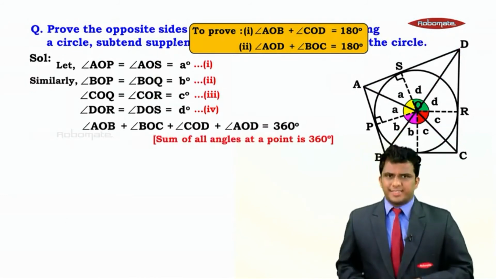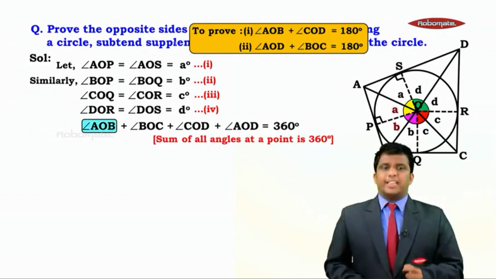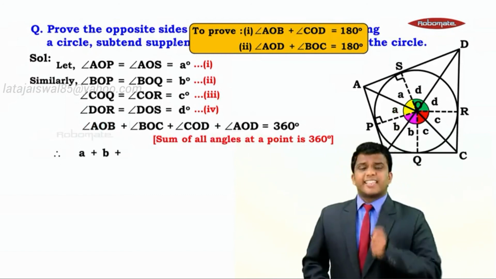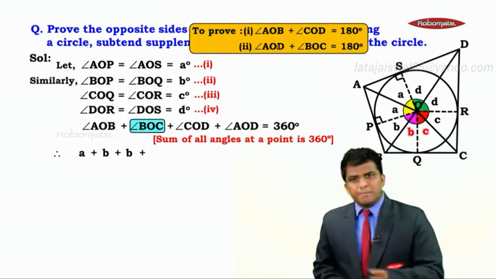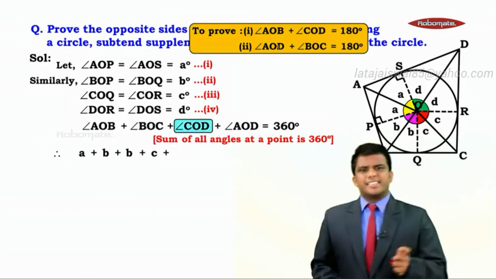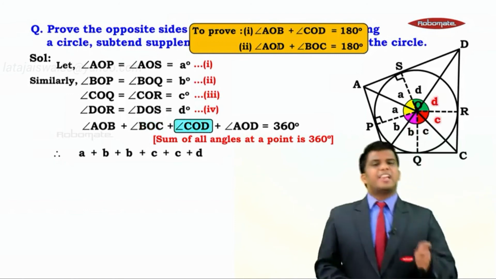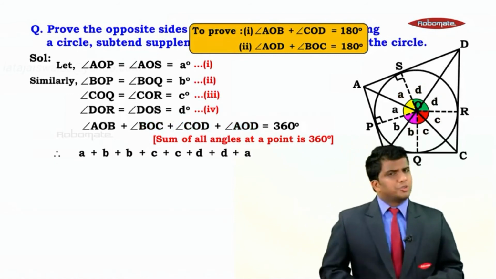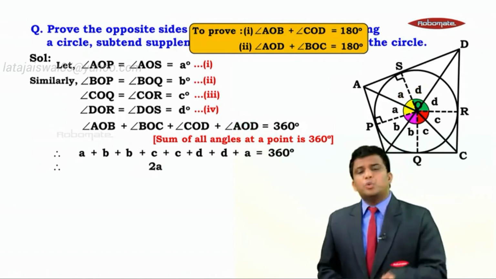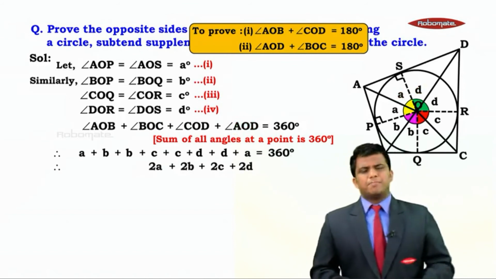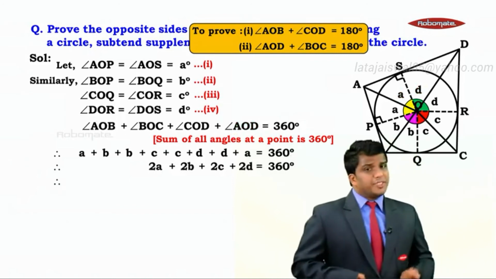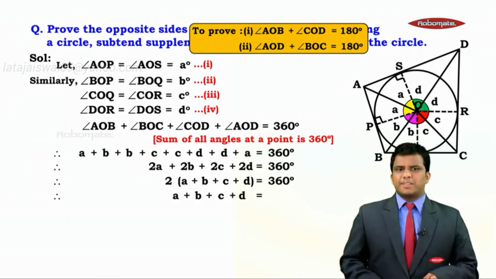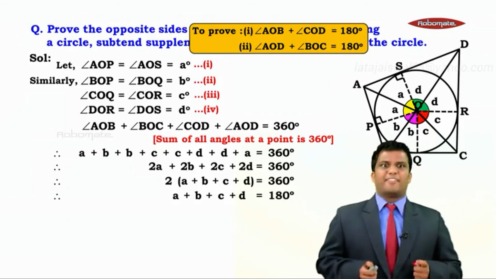The value of angle AOB is A plus B. In the same way, the value of angle BOC is B plus C. The value of angle COD is C plus D, and the value of angle AOD is A plus D. And the sum is definitely equal to 360. Hence, we now have 2A plus 2B plus 2C plus 2D is 360, which means twice of A plus B plus C plus D is 360, which gives us A plus B plus C plus D to be 180, definitely.